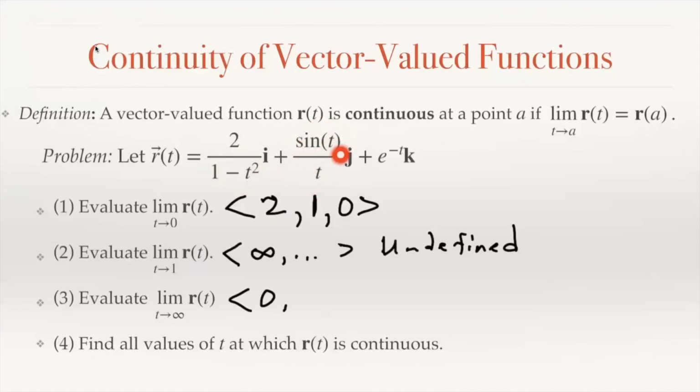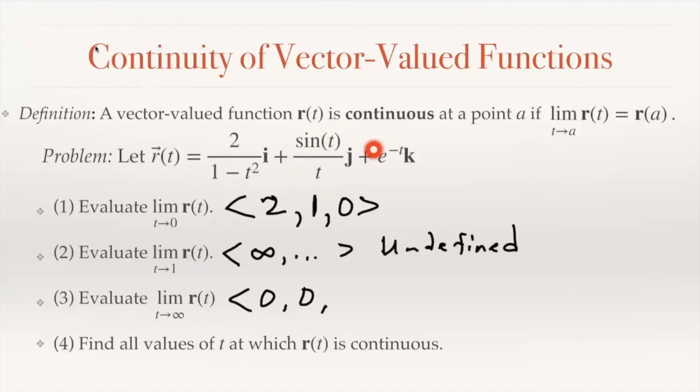Sine is always between -1 and 1, while this denominator goes to infinity. So we have a finite number over an approaching infinity number. So a small number over an enormous number goes to 0.